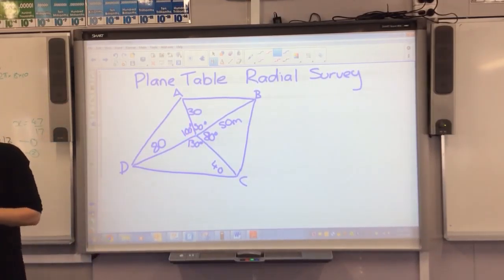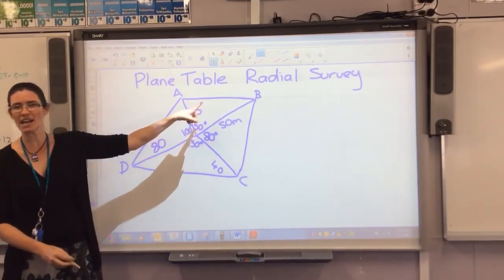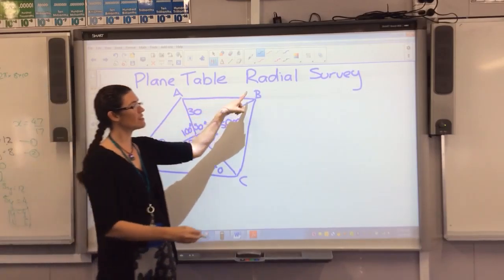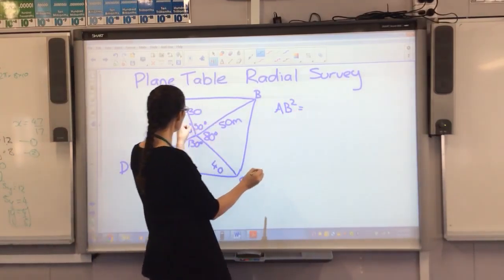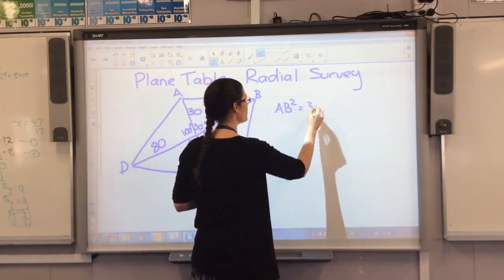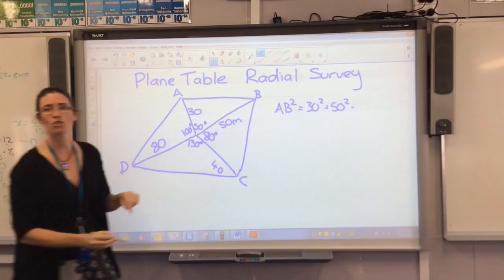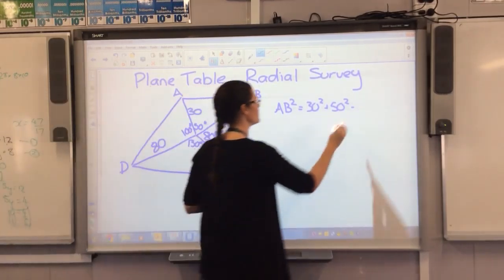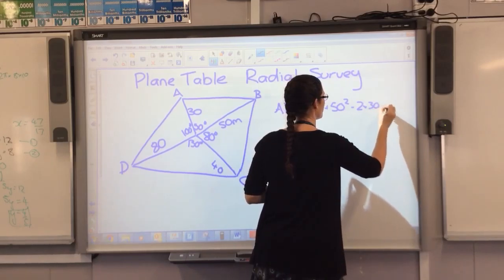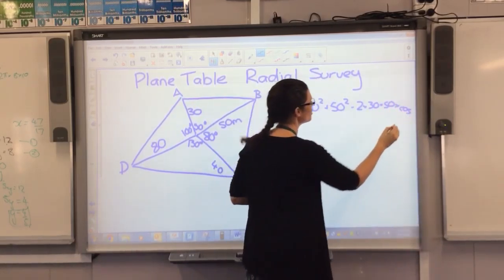The cosine rule. Well done. So, to use the cosine rule, let's just find AB. So this distance here is going to be AB, and it's going to equal 30 squared plus 50 squared minus 2 times 30 times 50 times cos 50 degrees.